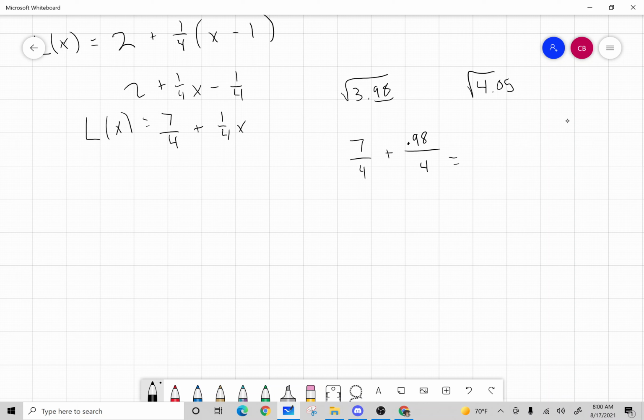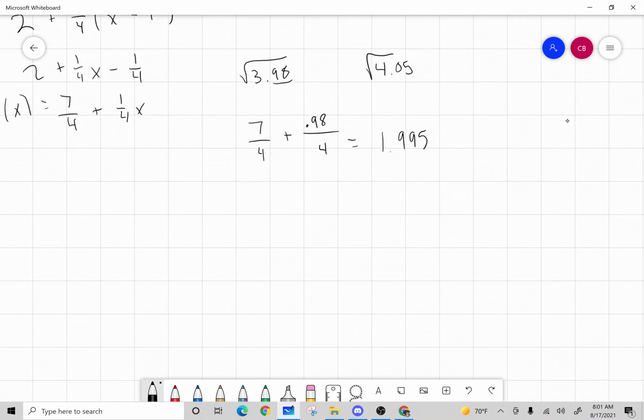That is 7 divided by 4 plus 0.98 divided by 4, which is 1.995. That's about right, correct? Because it should be about 2.